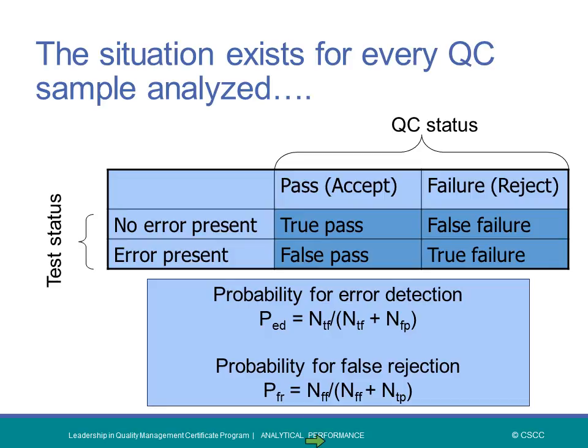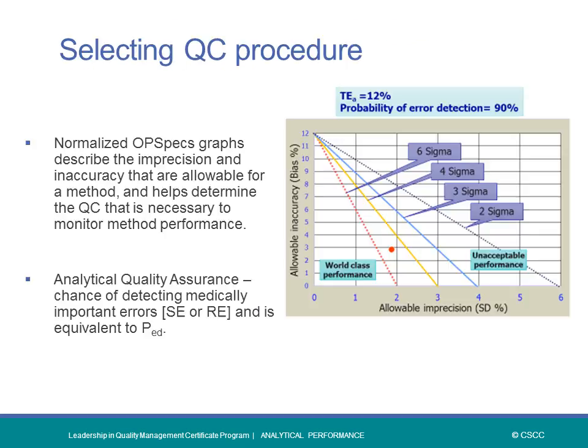So, when being used to select QC procedures, normalized operation specification graphs describe the imprecision and inaccuracy that are allowable for a method and help determine the QC that is necessary to monitor method performance. And I'll show you that in a little bit more detail in the following slides.